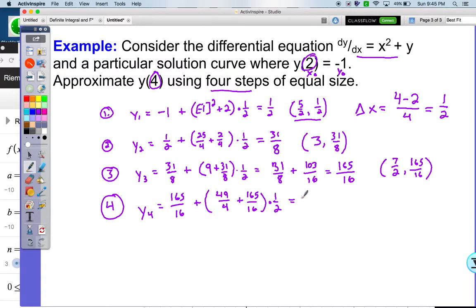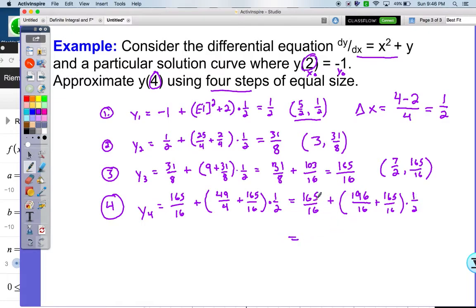Oh, and now we've got to do all that arithmetic. So we've got 165 over 16. If I multiply by 4, 4 times 49 is 196, and 4 times 4 is 16. So 196 over 16 plus 165 over 16 times 1/2.